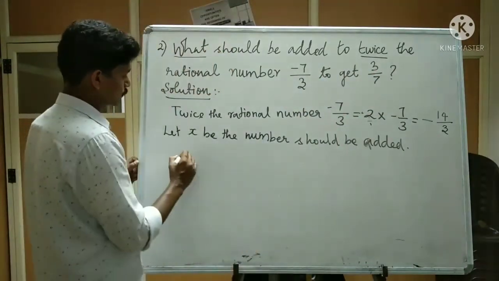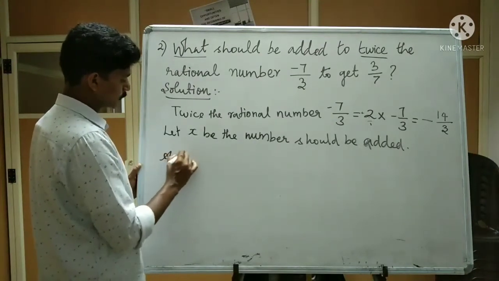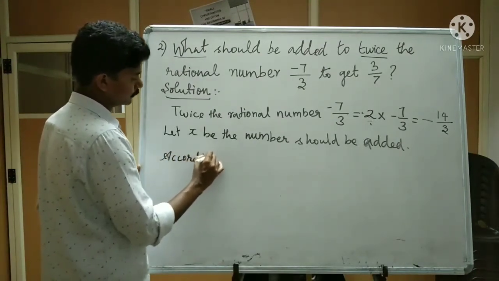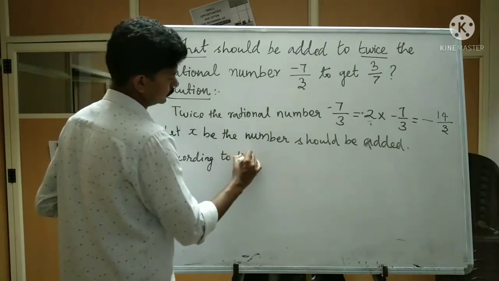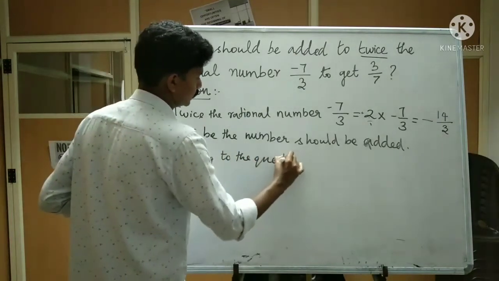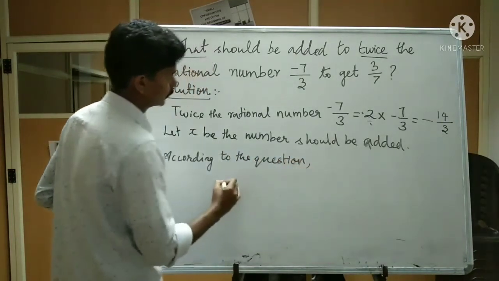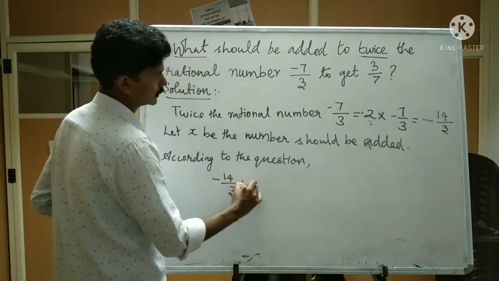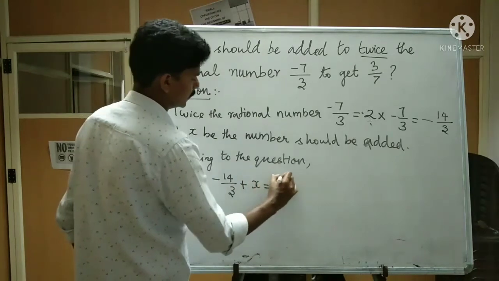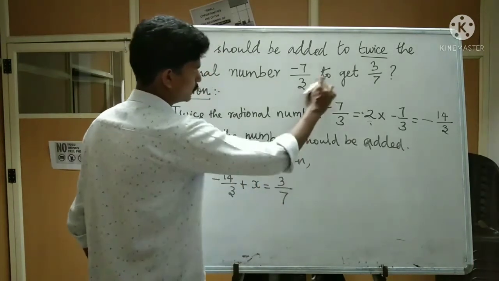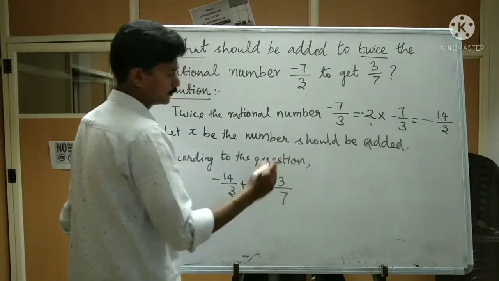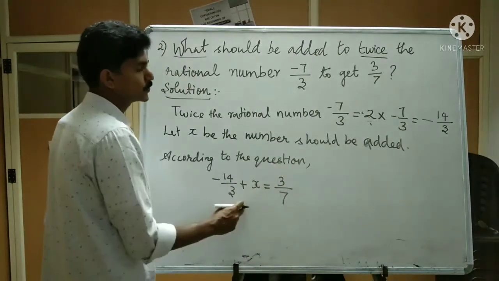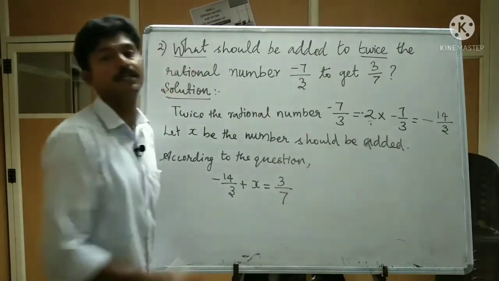So the sum of these 2 numbers. How do we write it according to the question? According to the condition given in the question, -14/3 plus x, if we add these two, we get, that is equal to, the sum of these 2 numbers is equal to 3/7.